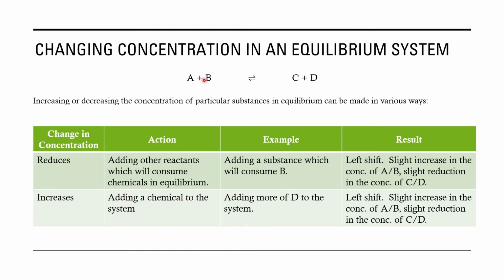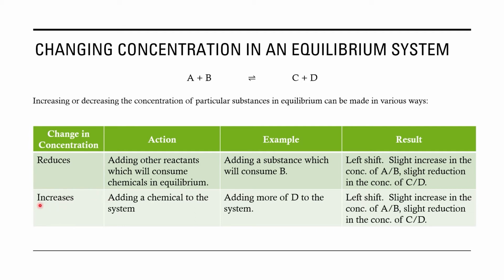So when we look at B, if we're consuming it, we're reducing the concentration of B. That's going to decrease the reaction rate of the forward process. And that's going to mean that the reaction rate of the reverse process is going to be more dominant. Now, what that is going to mean is that there's going to be an increase in the concentration of AB in total, and a reduction in the concentration of CD in total as well.